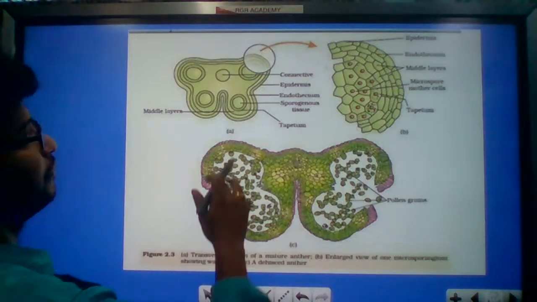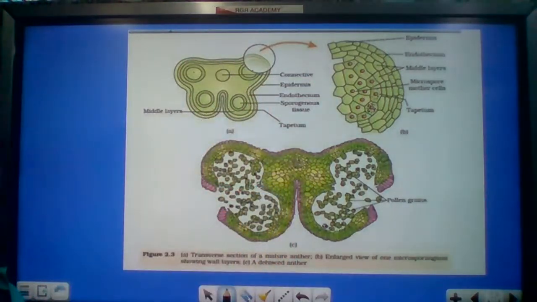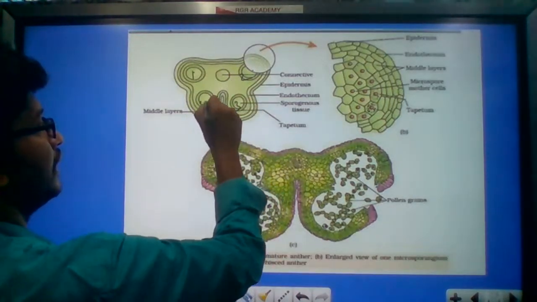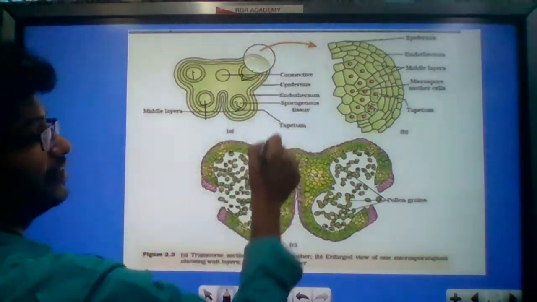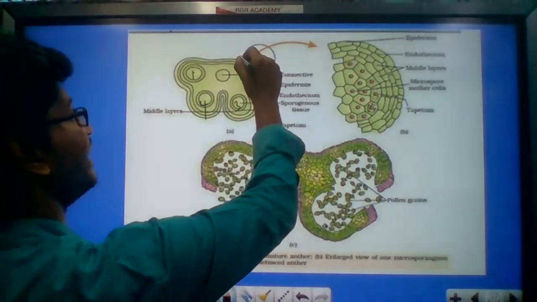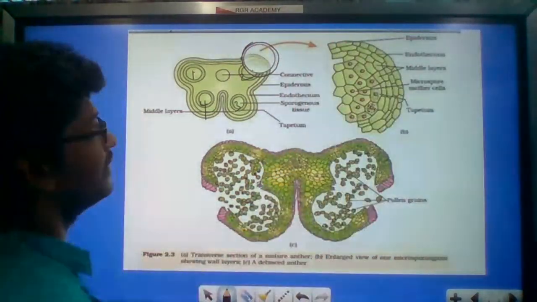You see here the 4 chambers: theca 1, theca 2, theca 3, and theca 4. There are 4 theca present inside. Now let's magnify again and see what layers you could see.